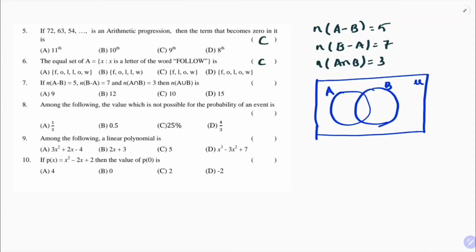Now see, A minus B region is this part, the one which I am shading. And in the same way, in A minus B they told us there are 5 elements, so this is 5.